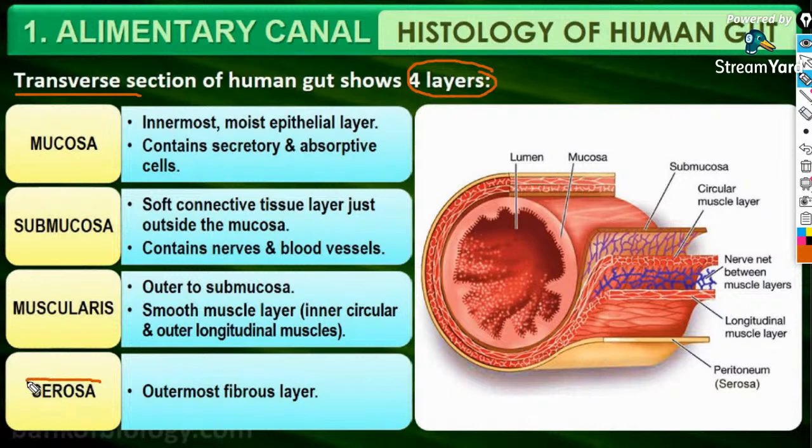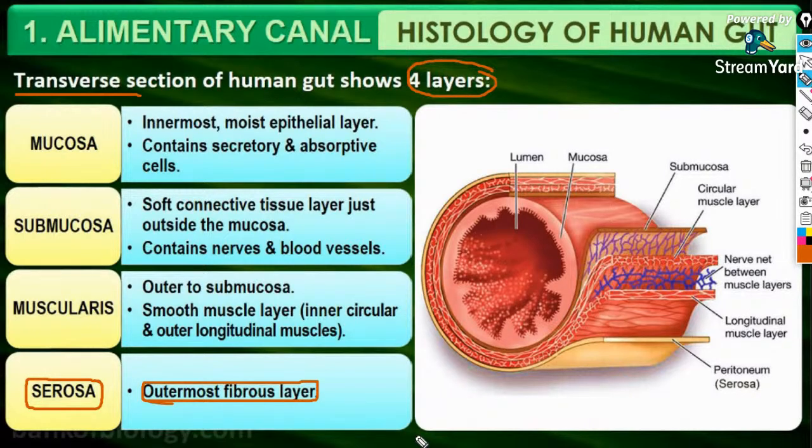The outermost part is the serosa, which is the outermost fibrous layer of the alimentary canal. It is made up of thin epithelial tissue, epithelial plus connective tissue.